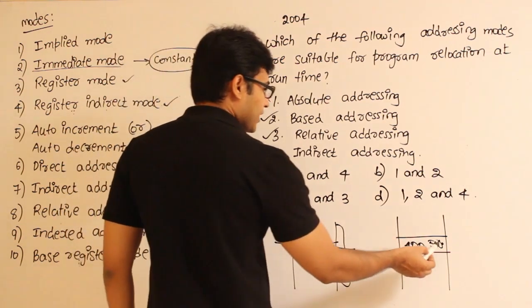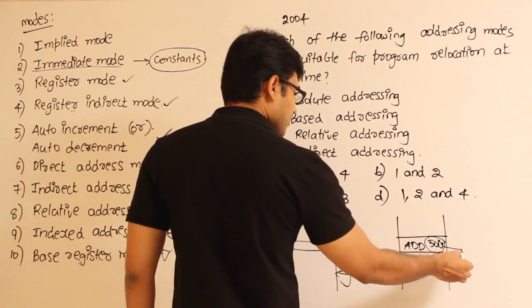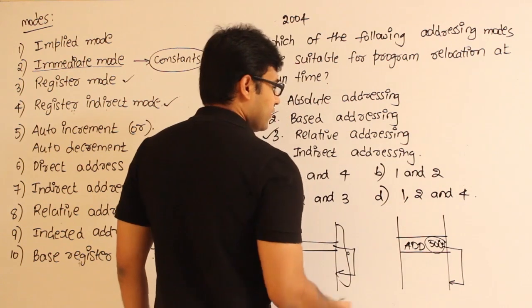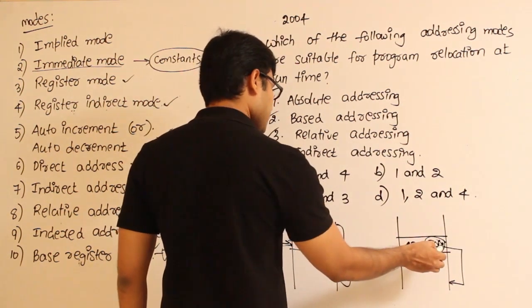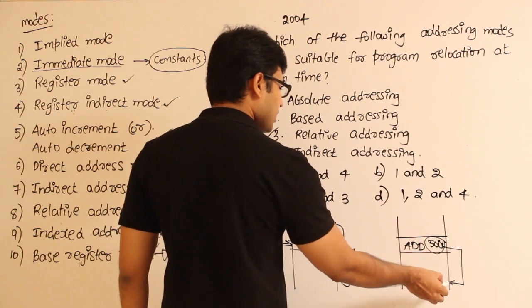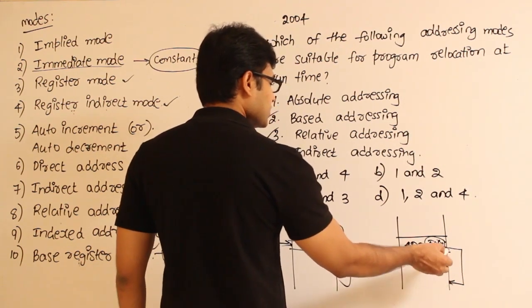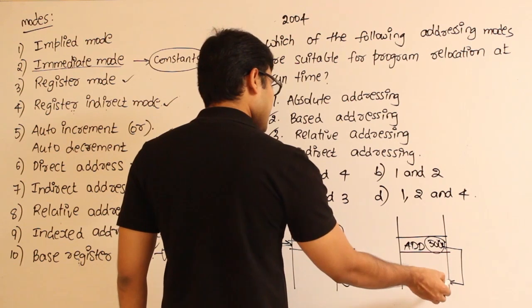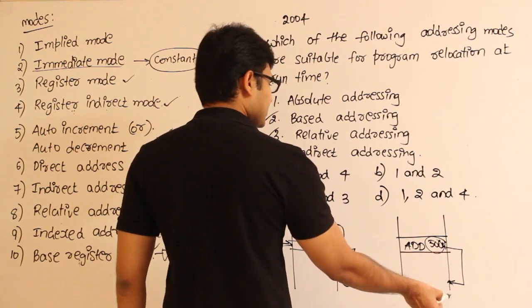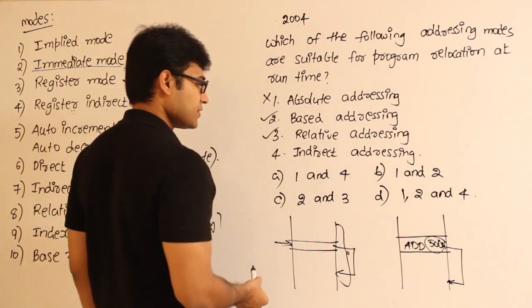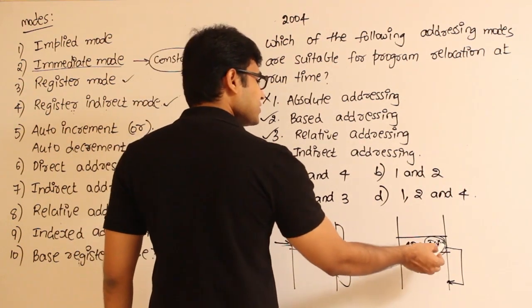This particular address is the absolute address of some other location. Therefore, when you try to move the program, this instruction will still be pointing to the old location wherever it was loaded initially. That is why, even though it is indirect addressing, it is a kind of absolute addressing, because the actual address is present here.